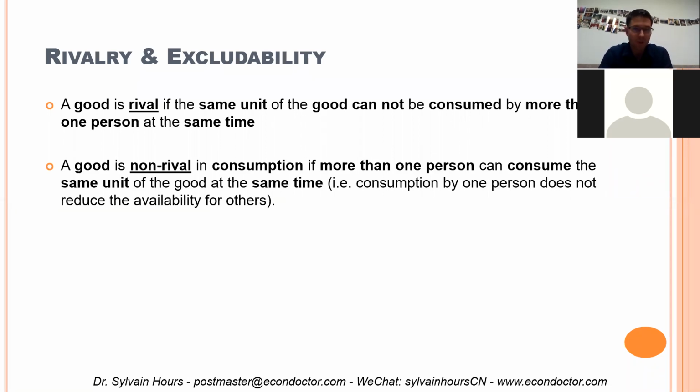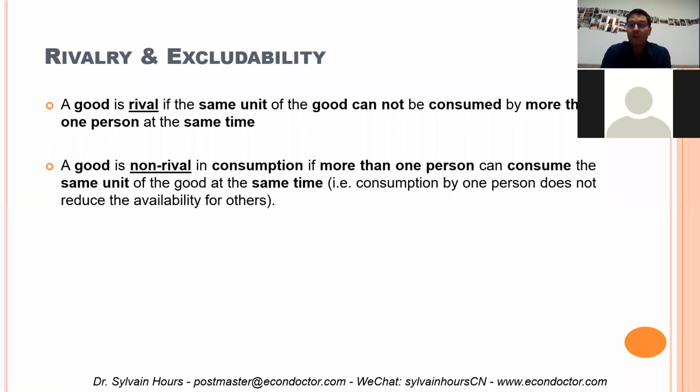Non-rival: the good is non-rival in consumption if more than one person can consume the same unit of that particular good, which means that the fact that you consume one particular unit of one good or service does not prevent anyone else from consuming that same unit. The typical example that I use with my students is movies that you can watch on Netflix, or I don't know if there is some Chinese equivalent to Netflix.